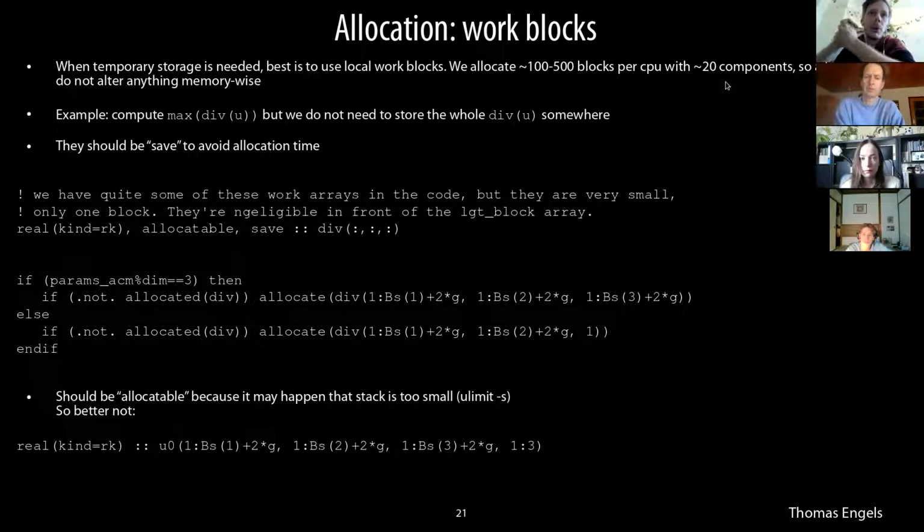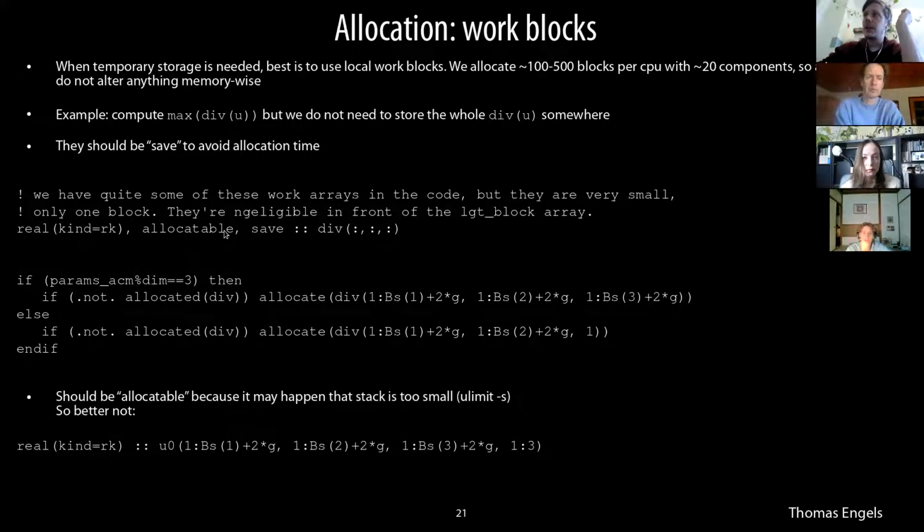So one more block or even 10 more blocks doesn't change anything regarding your memory consumption. So what you do in the code, please, is you use a snippet like that. They should be saved. In Fortran nomenclature, this means persistent. They are not deallocated when the routine is over. And this is just the definition. So it's allocatable, and that's important.